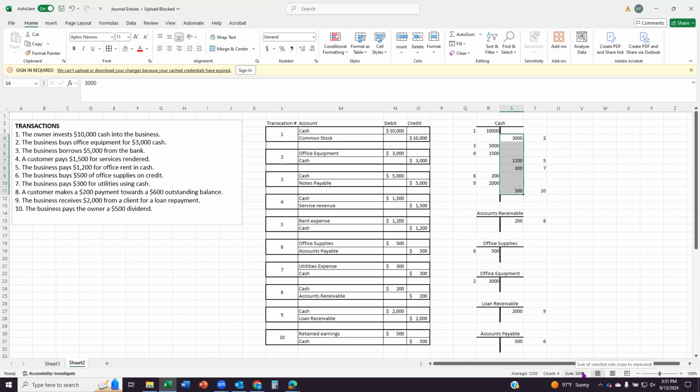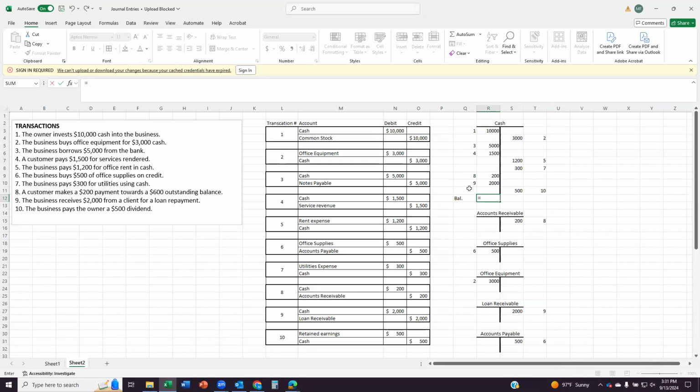So what we do is add up both sides and then we subtract the smaller side, in this case, the credit side, from the larger side, in this case, the debit side, and we put the balance on the larger side. So I know that my balance will go over here on the debit side for the cash account.